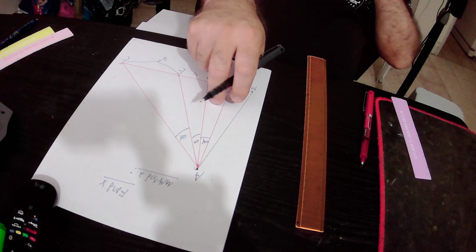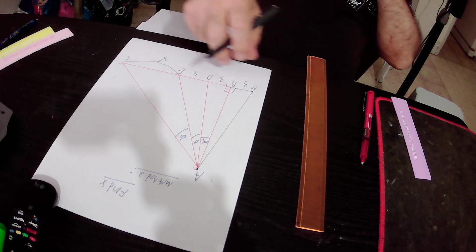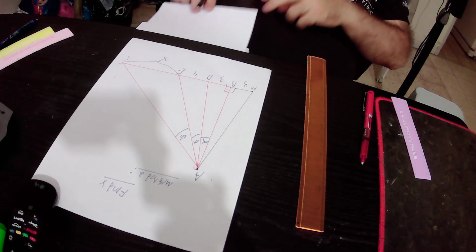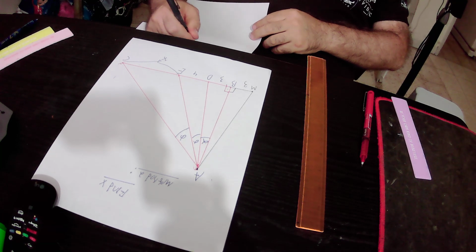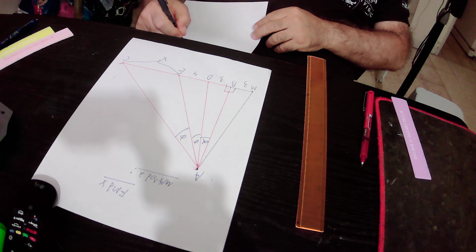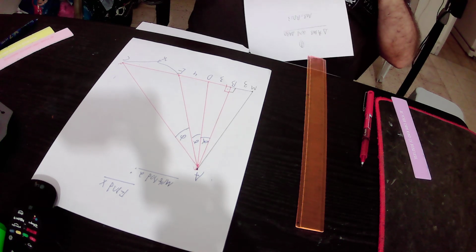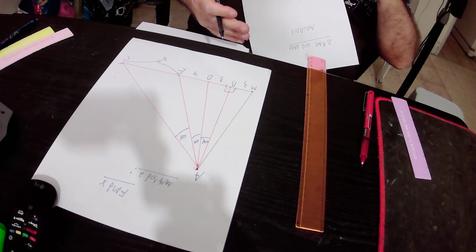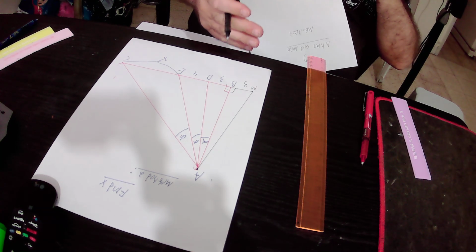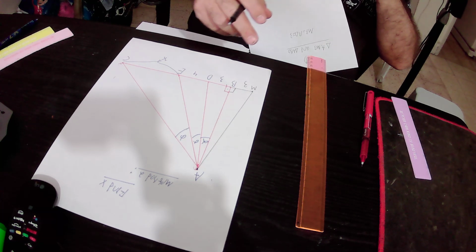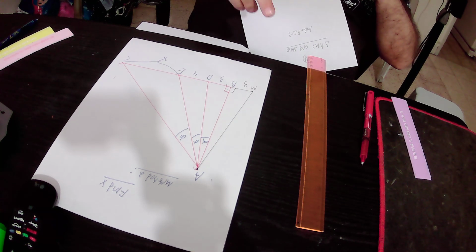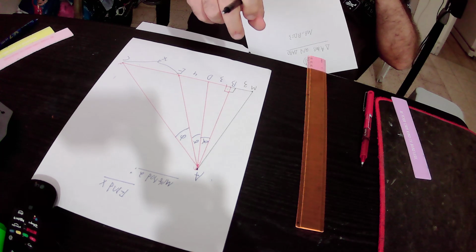So in those two triangles, we know that MB equals BD equals 3 units. MB equals 3 units according to our construction. We constructed it so that it will be equal to 3 units.